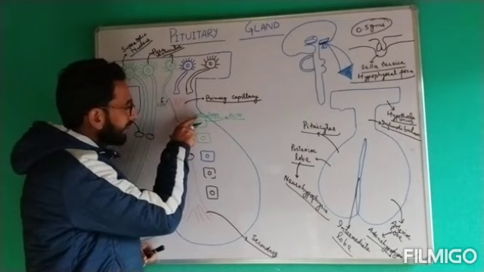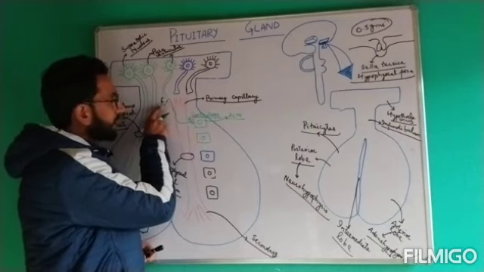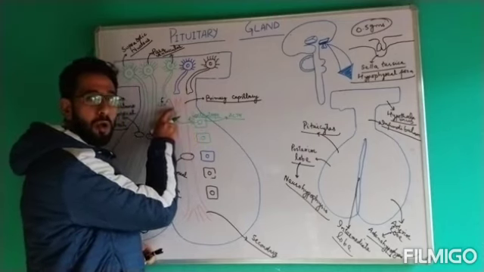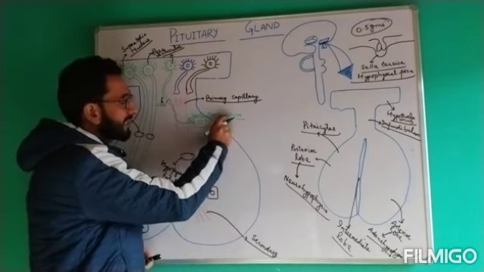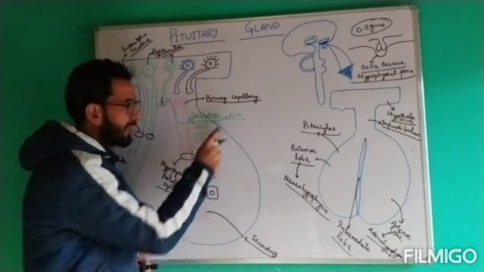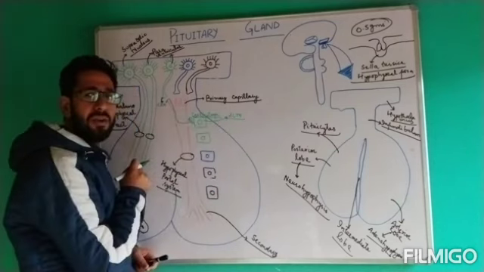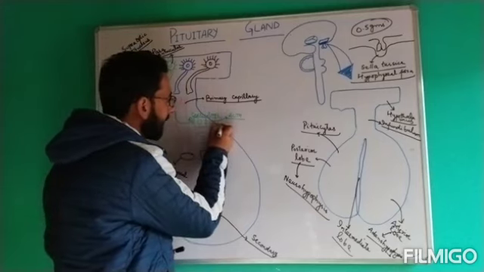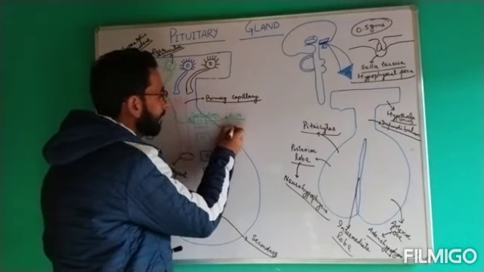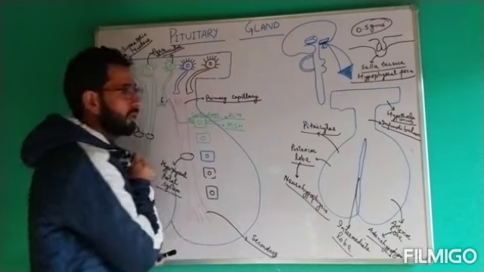Anyway, this corticotrope will be stimulated by corticotropin releasing hormone, and then this corticotrope, once stimulated, will secrete two hormones. The first one is ACTH, that is adrenocorticotropic hormone, and the second one is MSH, melanocyte stimulating hormone.